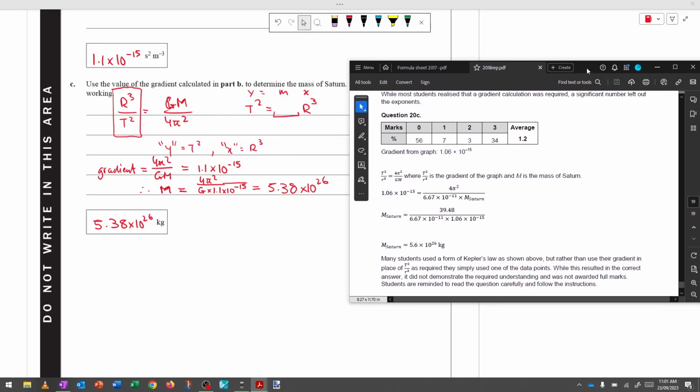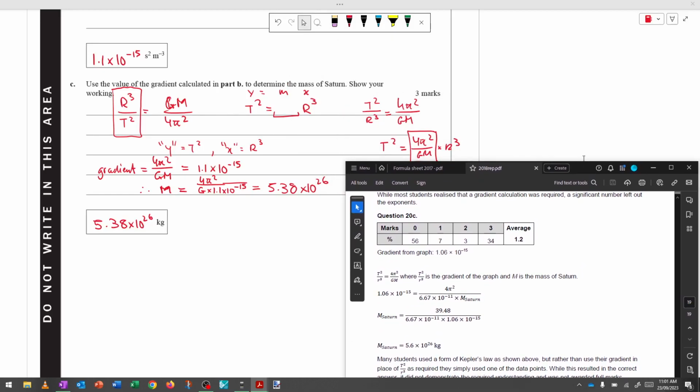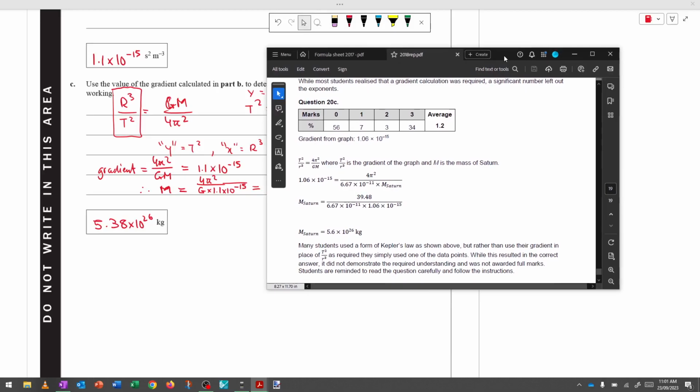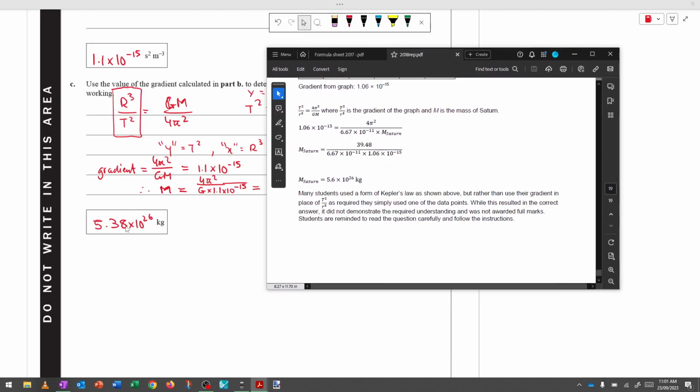Okay, they've used the upside down version, which sometimes is helpful to have it written down as well. And then we've had to put that into the correct form. Okay, which is what they've done, and then we found the mass of Saturn to be, well, they've got a slightly different value, but it will be consequential on whatever you've answered to part B.